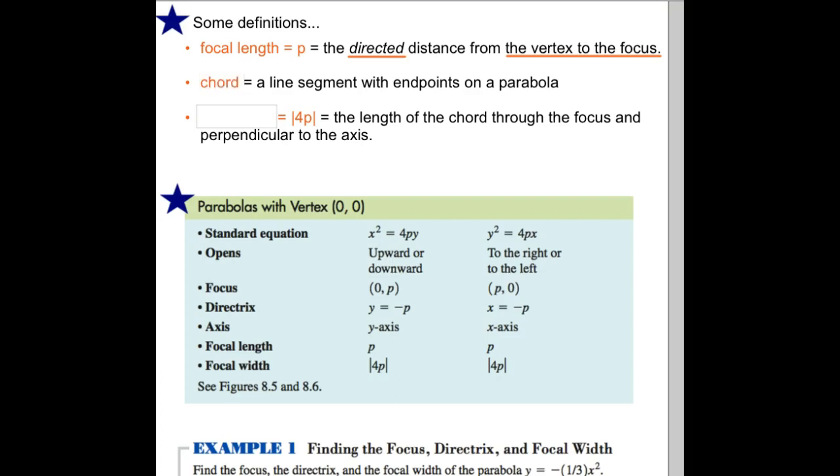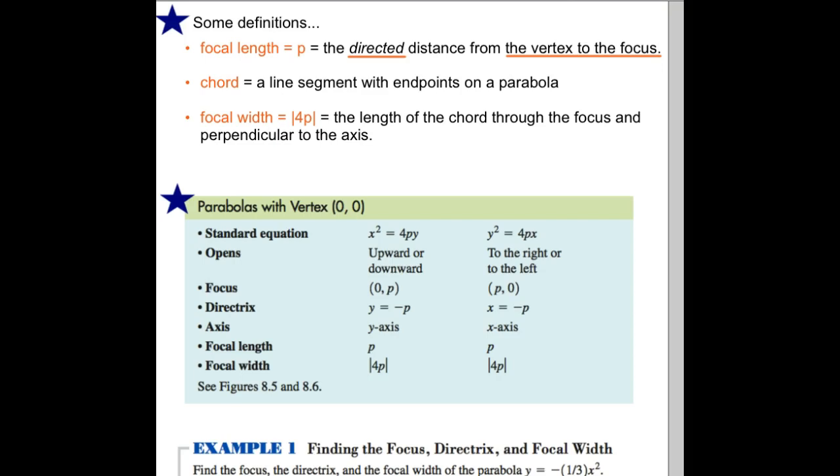A chord is a line segment that has its endpoints on the parabola. That term should sound familiar from geometry, right? Chords of circles. All right, and then the last term, the focal width, is defined to be the absolute value of 4 times p.